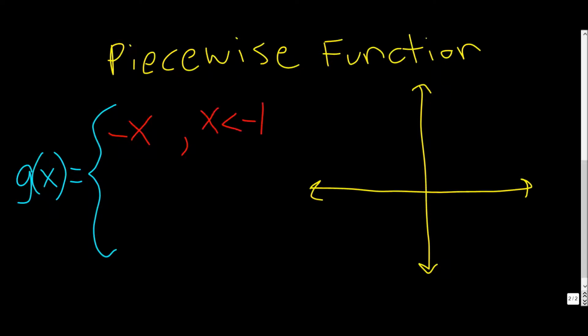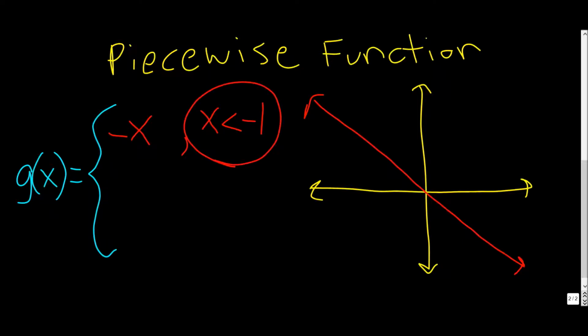So just think about that right now. Negative x is a line that is negative. It goes through the center and it changes like that. But we're only looking at when x is less than negative 1.